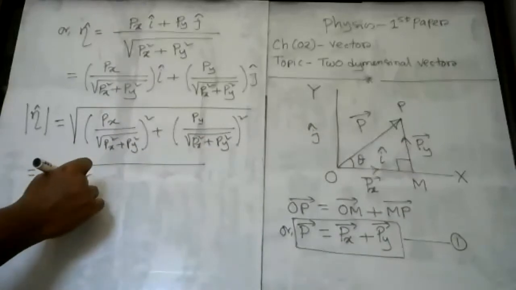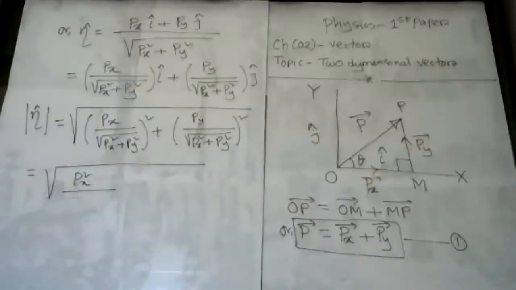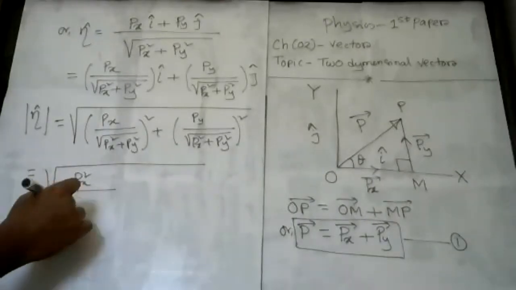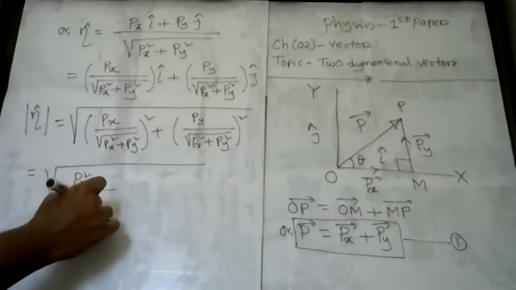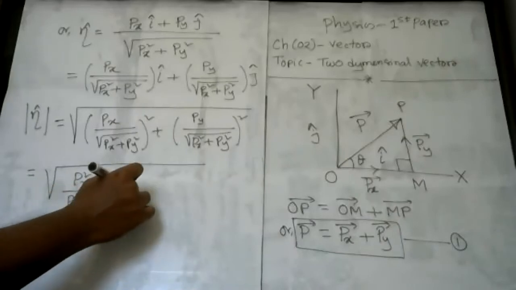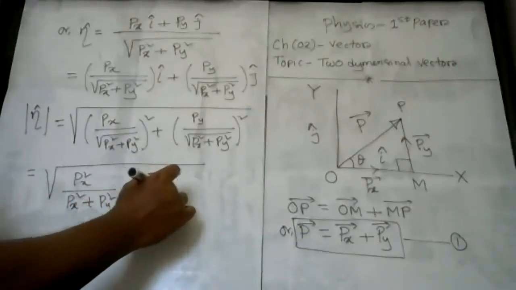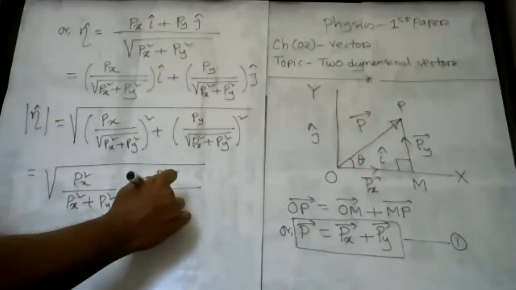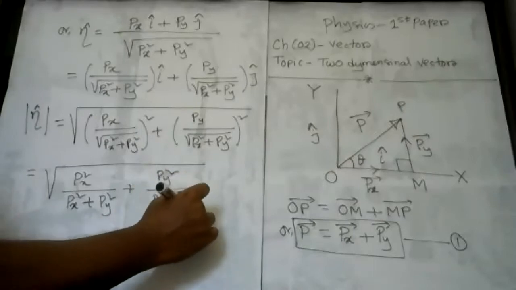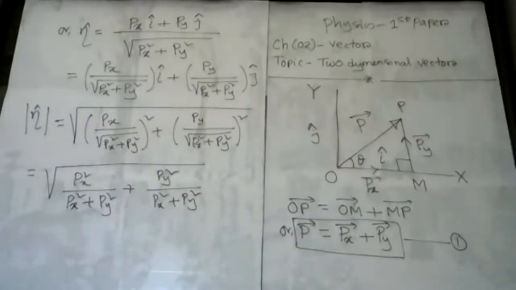So it will equal to root over at first. So px square, this root sign will cancel out from the denominator, and the equation is px square plus py square plus py square. So this is px square plus py square, my dear student, plus py square.